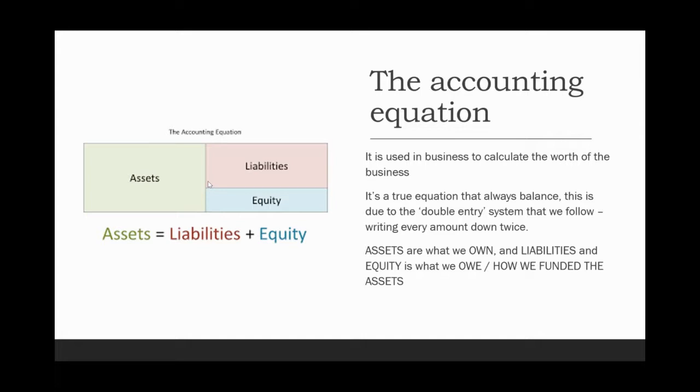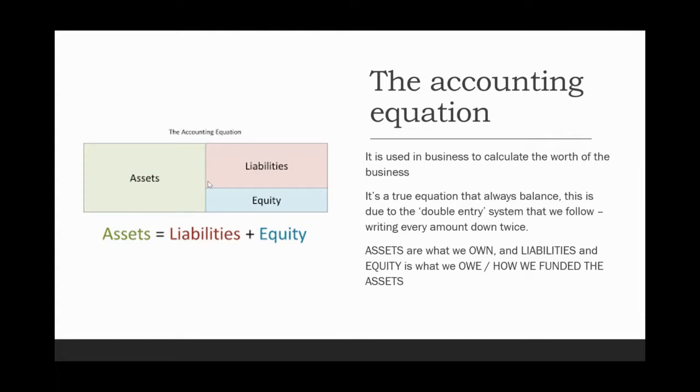Now, assets are things that we own, but things that we own that can generate us income at some point in the future. They will give us something of value. And liabilities are things that we owe. Then owner's equity is the capital or the assets that the owners have put into the business.